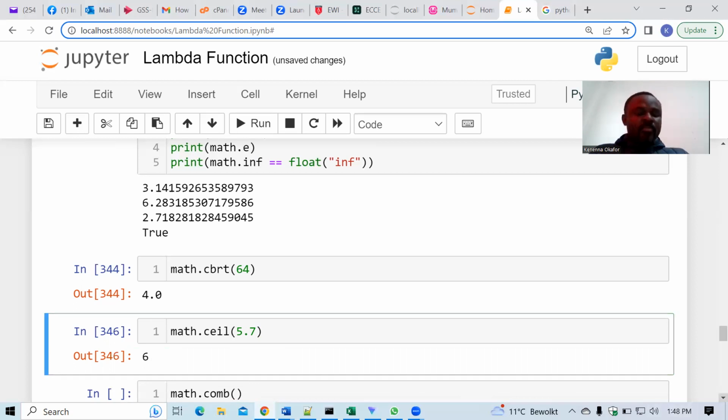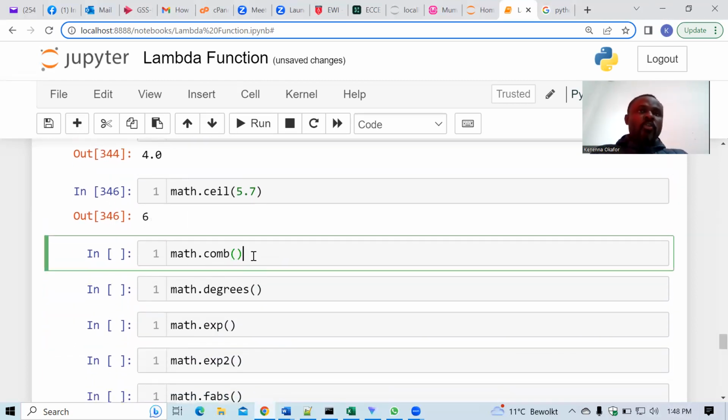No problems. All right. Then the combination, the comb method, it just returns the number of ways that k items can be picked from n items. So I have n items.